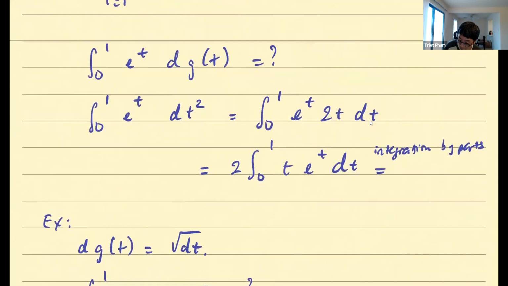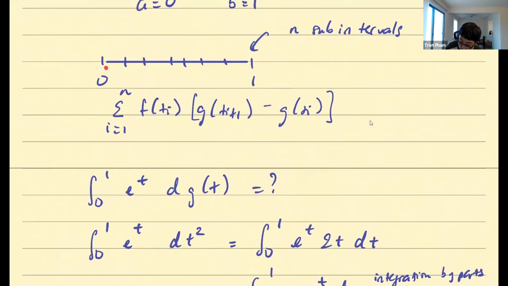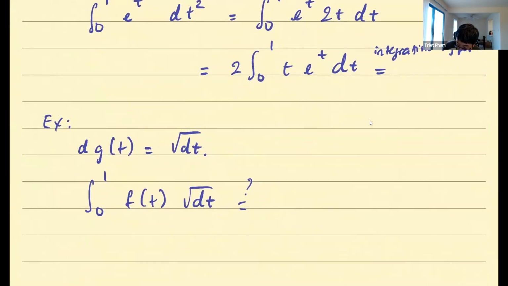Again, you will do something like this: divide the interval 0 to 1 into n subintervals. The object that you will form is the sum of f of t_i times the square root of t_{i+1} minus t_i. Is that fair?